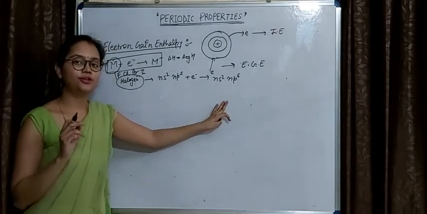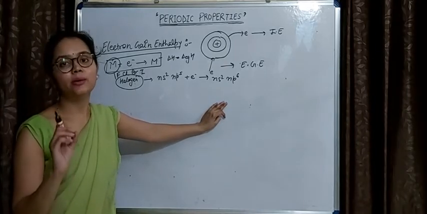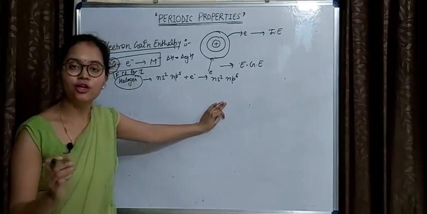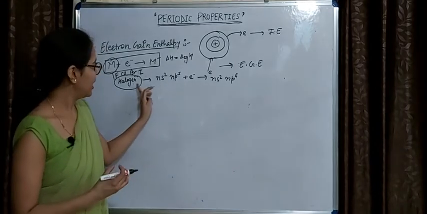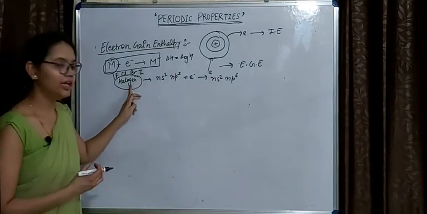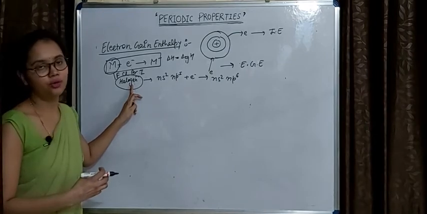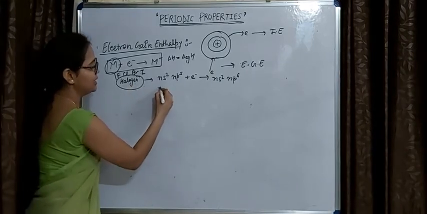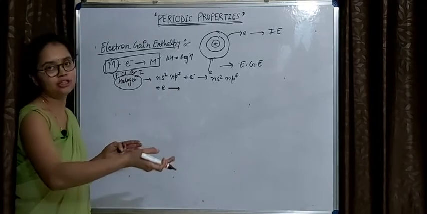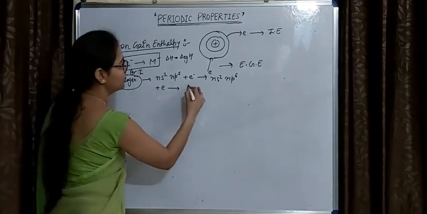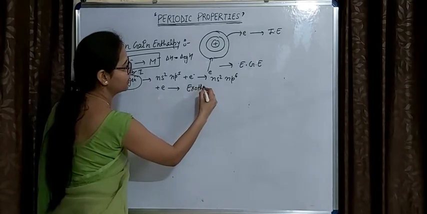Okay, and as I told you, every element has the tendency to attain its most stable form. So to attain the stable form, they will easily accept the electron, and as they are easily accepting electron, that's why energy will be released in this procedure. Okay, so this procedure will be exothermic.